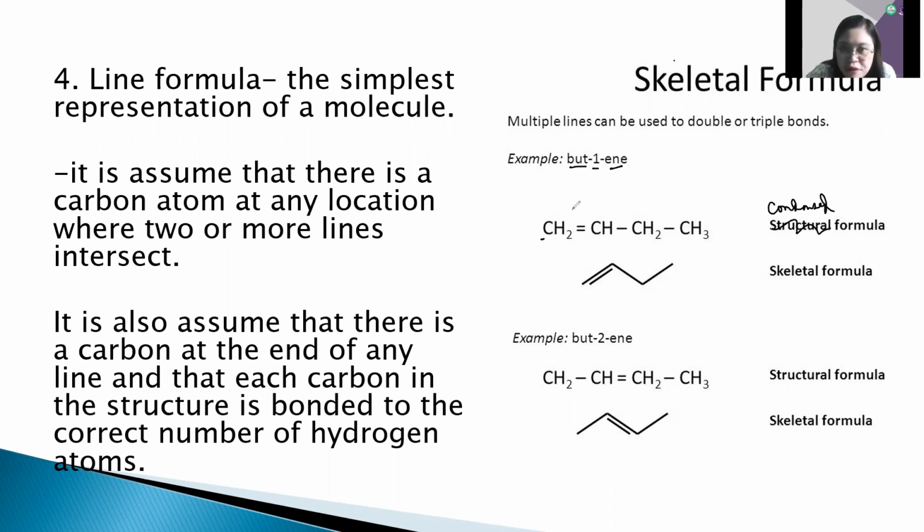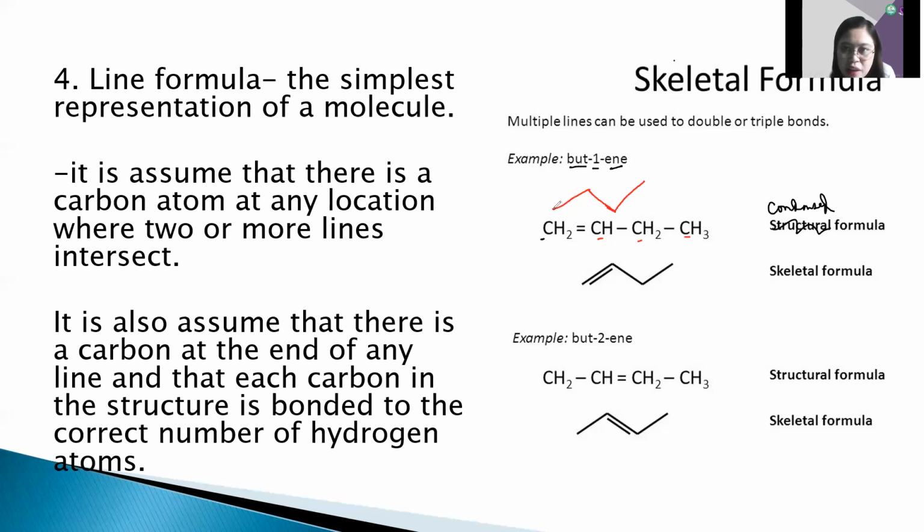That's the condensed formula. So when we draw its line formula, we have the first carbon here, so we will draw a line ending with this carbon. And then since we have another carbon, let's have here another line. So this is good also, but still we have another carbon there. So we will be drawing another line.